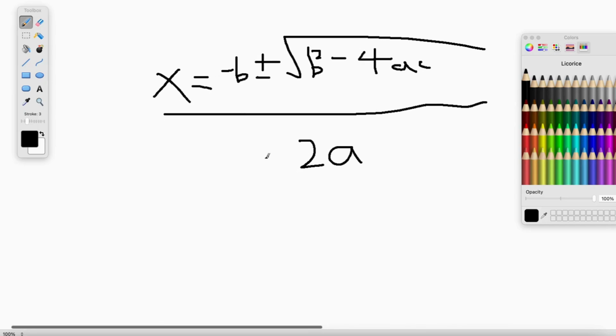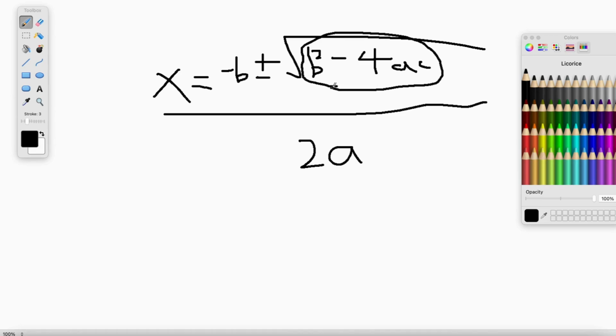So that is the formula. The discriminant here is b squared minus 4ac. What this determines is how many solutions for x-intercepts this equation is going to have.